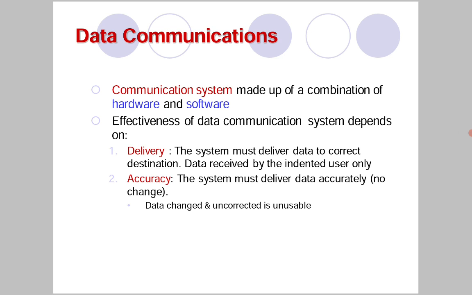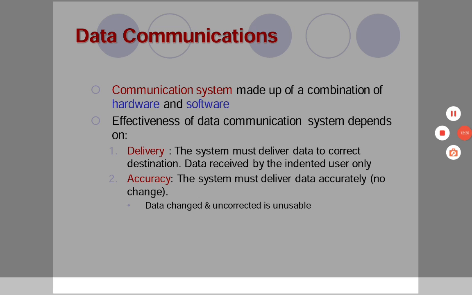First one is delivery. What is delivery? The system must deliver the data to the correct destination, and the data must be received by the intended user only. Delivery means delivery of data, information, packets or bits from the sender station to the receiver station. That is the first thing.